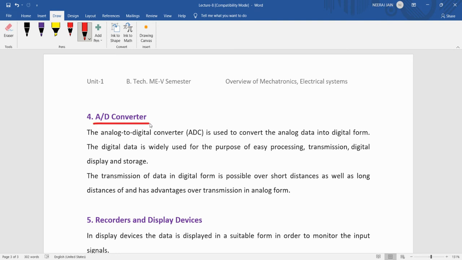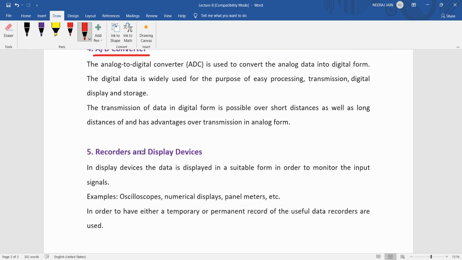The A to D converter is used to convert the analog signal into digital form, because the computer understands only digital signals in binary form, 0101110.